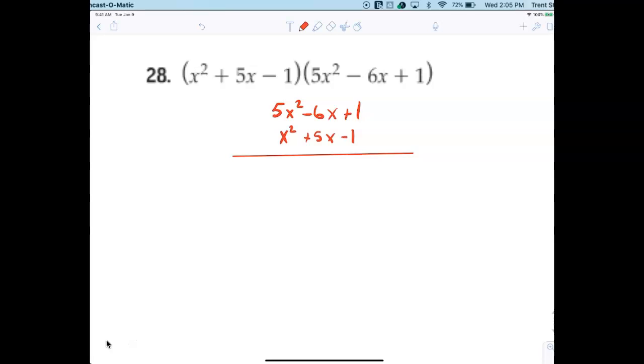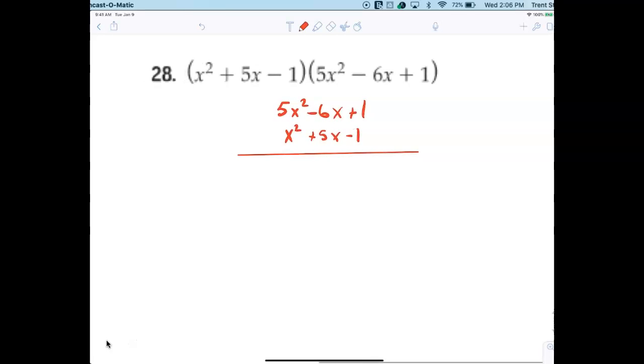Negative 1 times positive 1, negative 1. Negative 1 times negative 6x, positive 6x. Negative 1 times 5x squared, negative 5x squared. Now notice every single time I have a sign there.